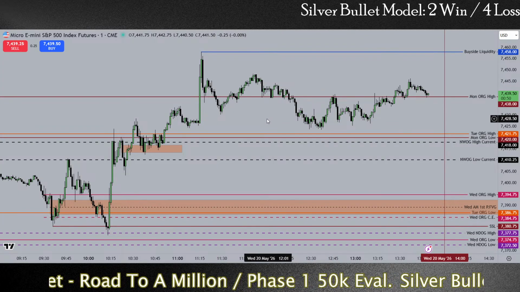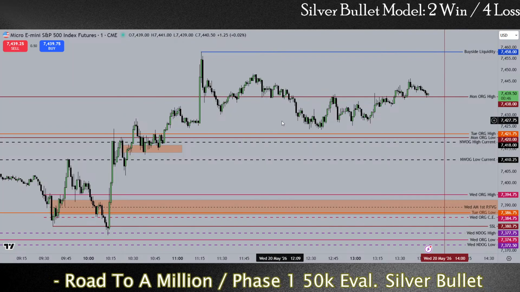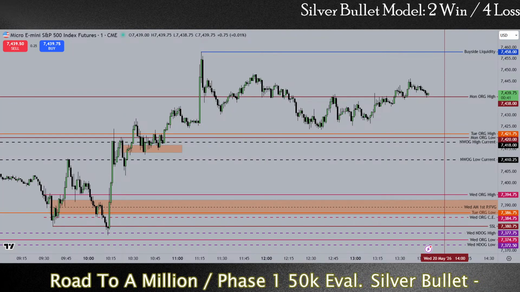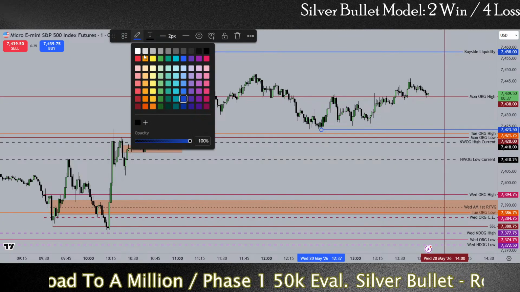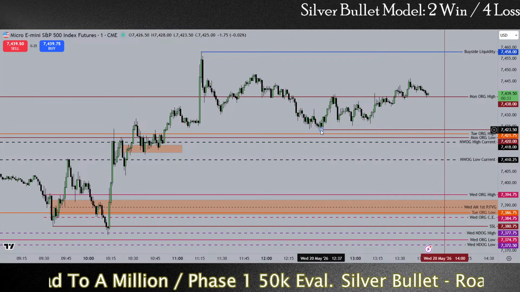And as for sell-side liquidity, we'll probably go with these lows here, at this point in time.